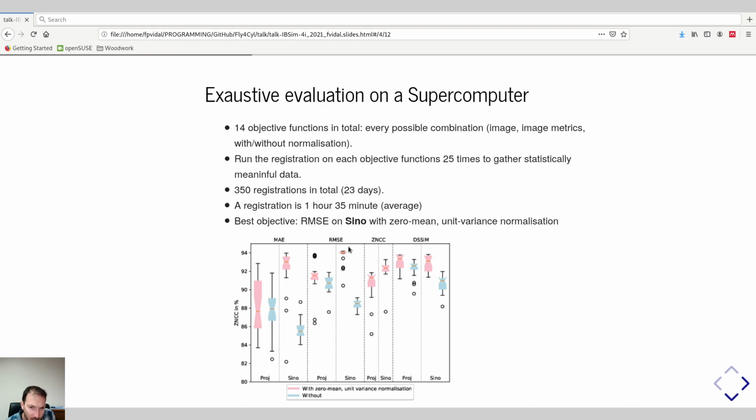And we took the RMSE on sinogram with normalization as our baseline because that provided the best results. I know we had some outliers. Actually, we know what they are. It's one of the first runs of the optimizations that did not succeed, and now we know how to fix that fairly easily. So these outliers are not a problem.